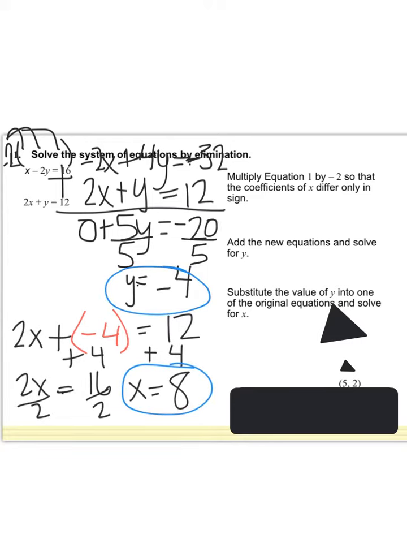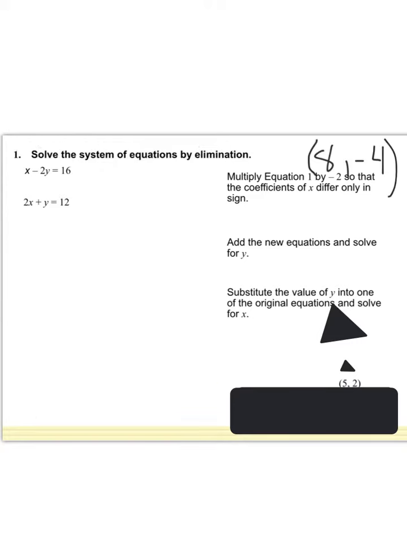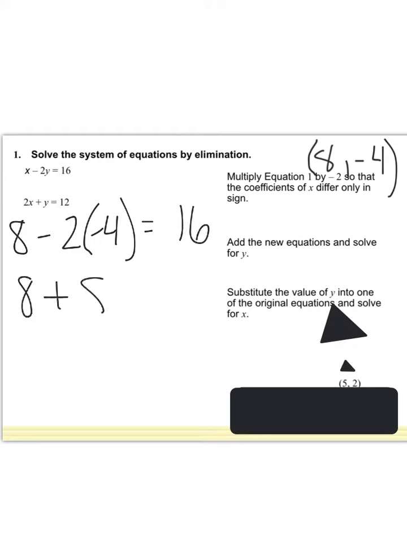Okay, I have a y and I have an x. Now let's check our answer. And remember, we check our answer by plugging it in to one of the equations. So x minus 2y would be 8 minus 2 times -4. And we need to see if that gives us 16. And it looks like it does. So it works for that equation. And just to be safe, I am going to check it for the other equation.